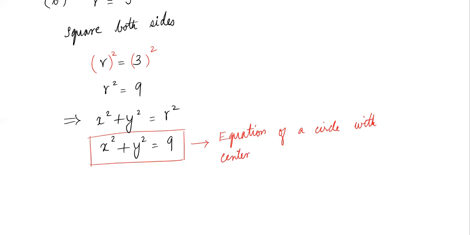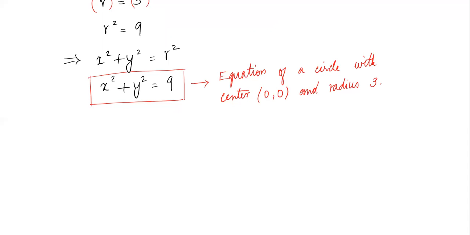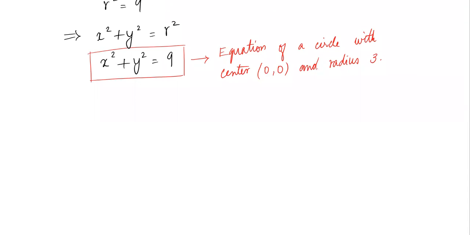There is no center, there is no h comma k there, so the center is 0, 0. And radius has been squared, so the radius actually is 3. 3 was squared, right? So got that. Pretty easy, it's just a manipulation of using relevant relations.